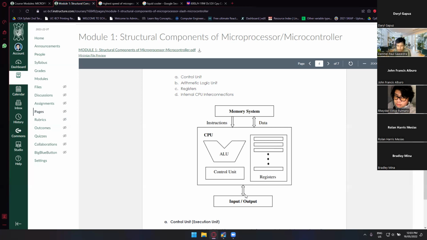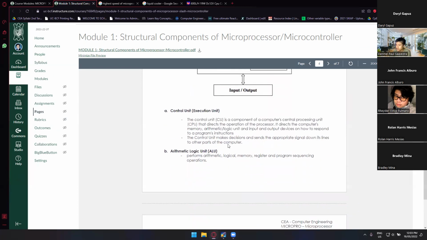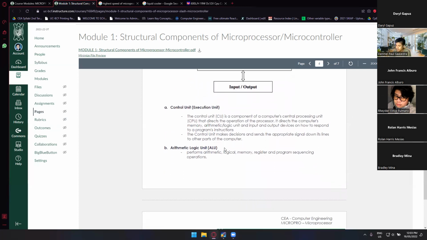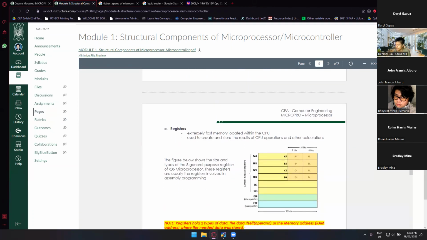So the control unit, or the execution unit, receives and provides outputs. The ALU is the one performing arithmetic, logical operations, etc. Registers are where data are being stored, and so on and so forth.